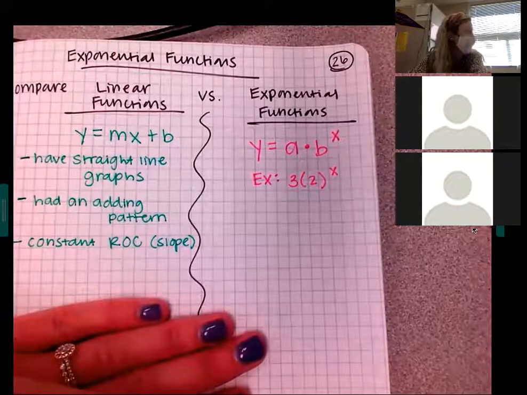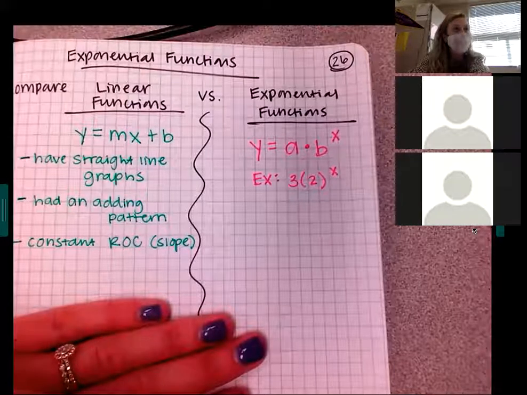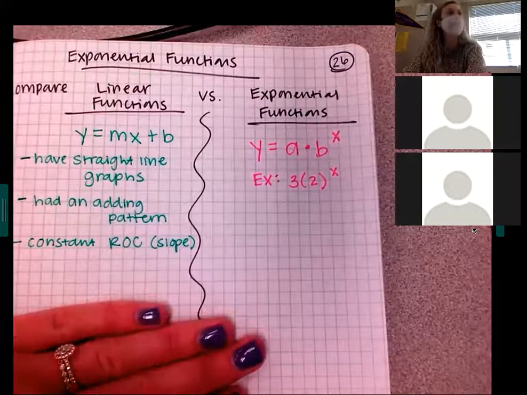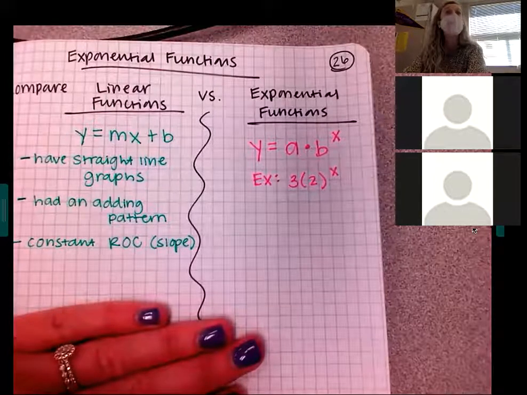Does that make sense? Okay, we're comparing these to lines, so listen very carefully. If I have x as the exponent, do you think it's going to end up being a straight line? No. Exponential functions grow really fast or they go down really fast.